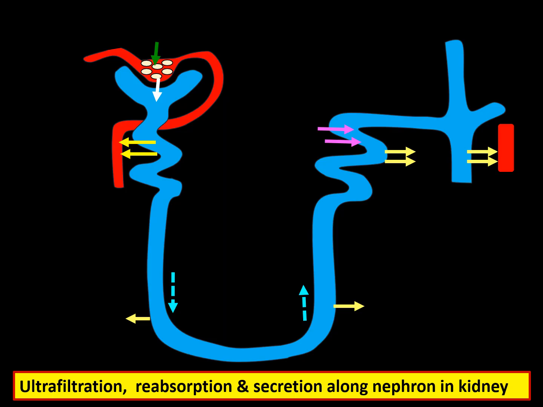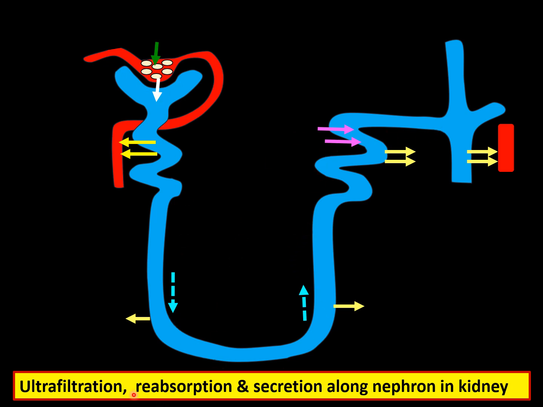To start off this lesson, let's look at the overview of the processes that cause the urine to be formed. There are three processes that we must know: ultrafiltration, reabsorption, and secretion, that occur in the nephron from the Bowman's capsule to the end of the nephron.